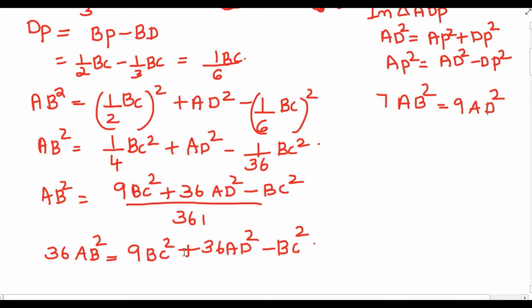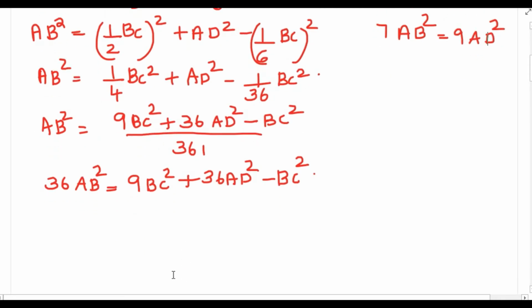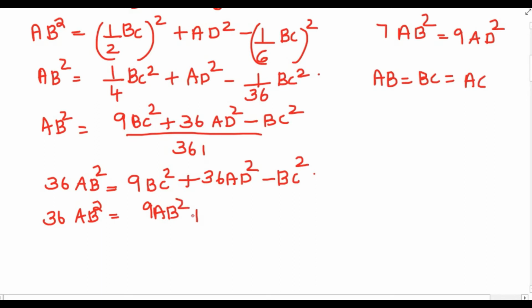This BC we need to change, and it is already given that ABC is an equilateral triangle, so AB equal to BC equal to AC. So I am going to replace BC by AB: 9AB square plus 36 AD square minus AB square.